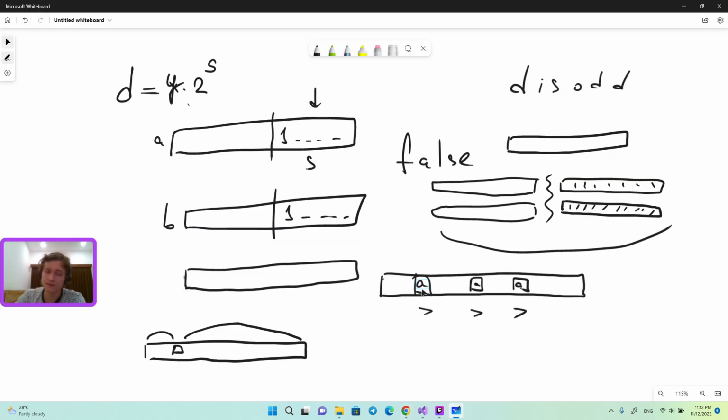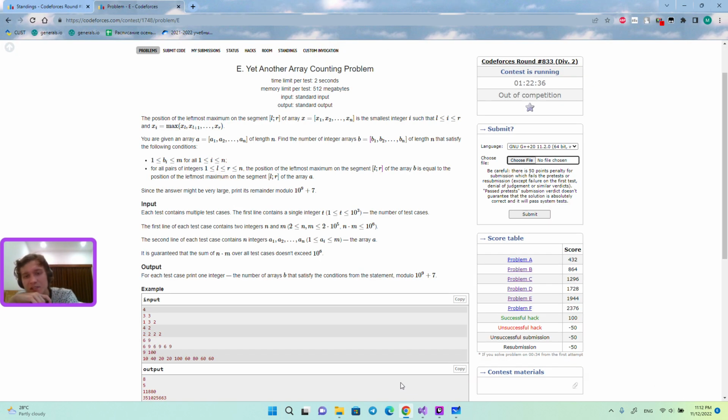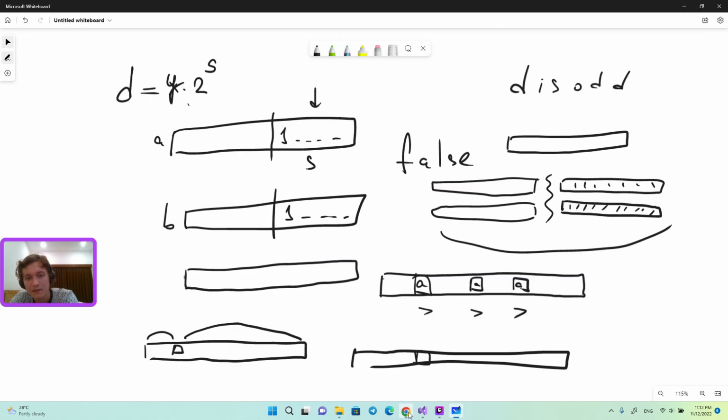We consider the maximum of this array, and m is at most 10 to the 6. So let's consider all maxima in the first array in an understandable order.